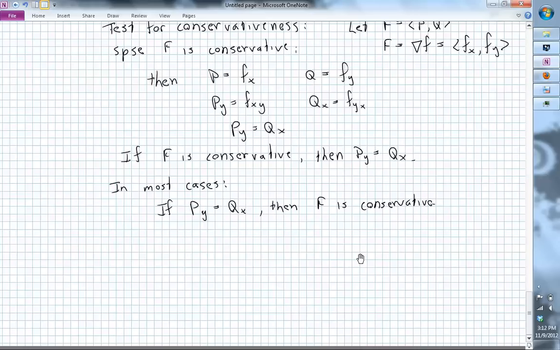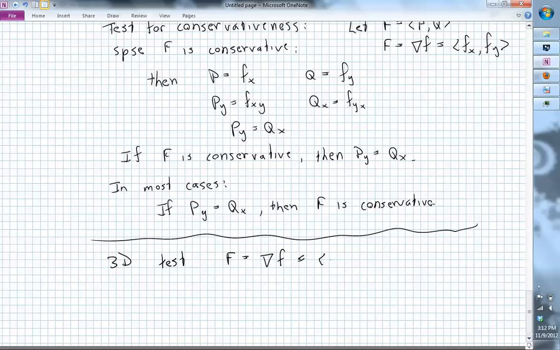This is the test that we're going to use. Let me briefly walk you through the three-dimensional test. The 3D test is very similar. Let's say f is conservative, and we write f sub x, f sub y, f sub z.